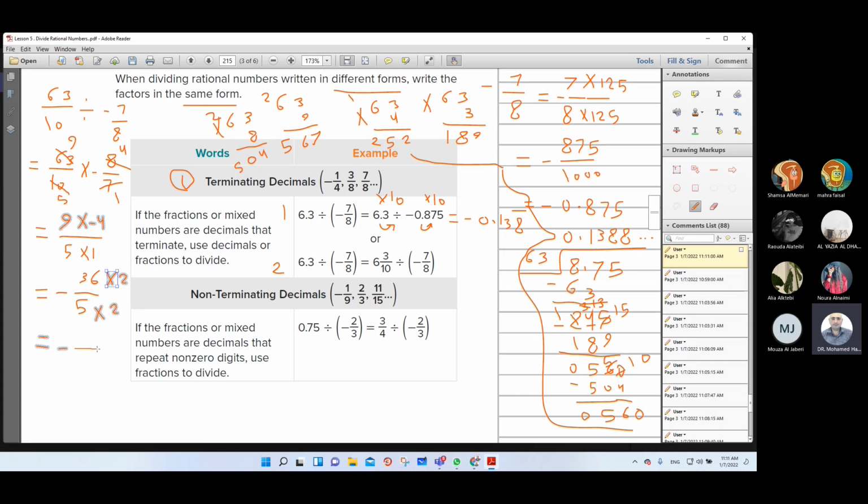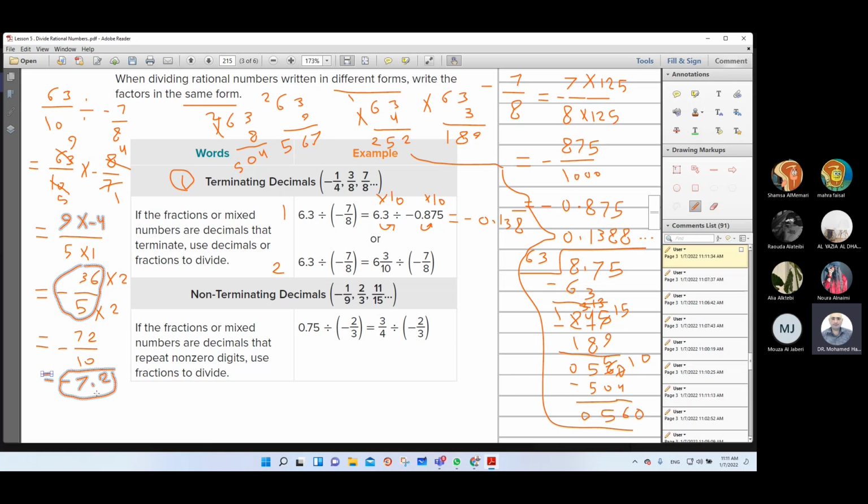You will get here negative 36 times 2 will be 72. And 5 times 2 will be 10. So we will get here negative 7.2. This is as a decimal. So here the answer as a fraction, and here the answer as a decimal.